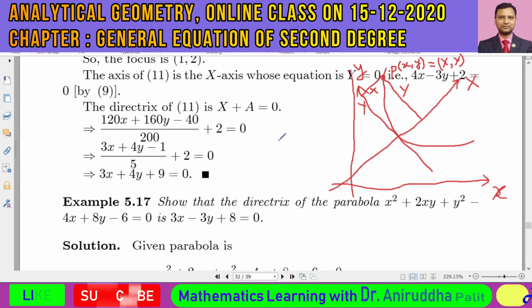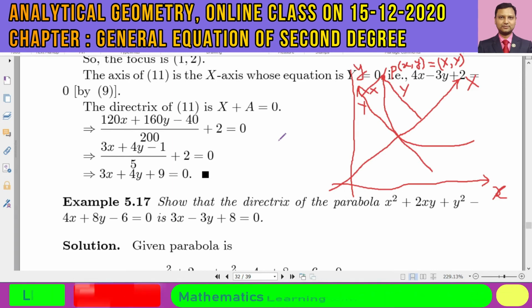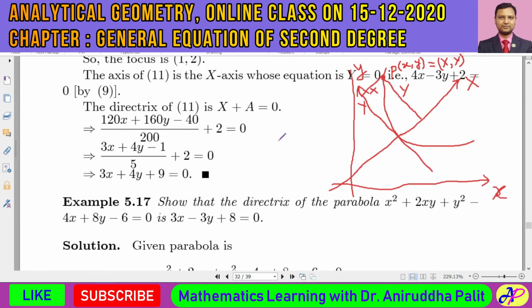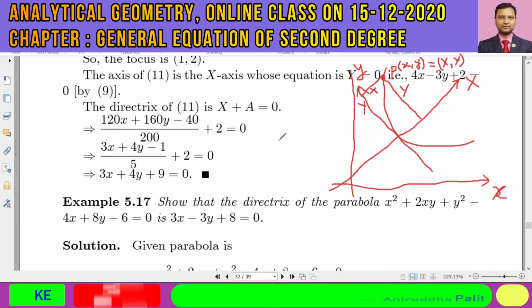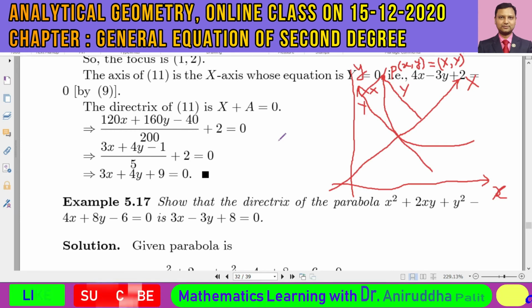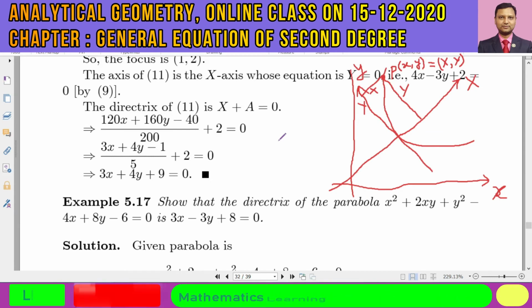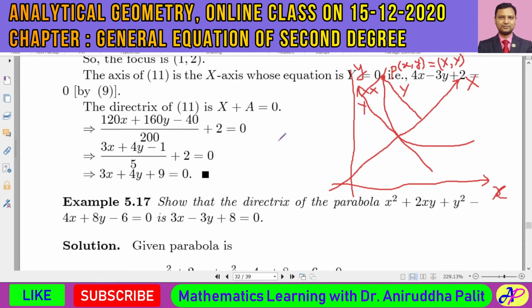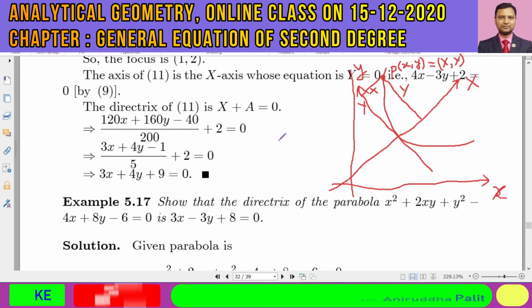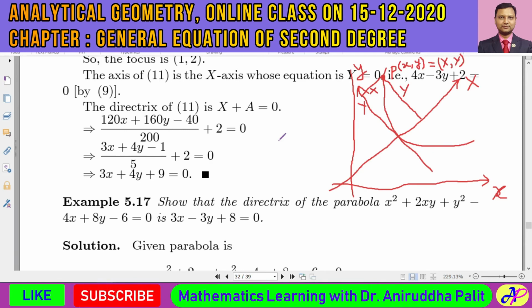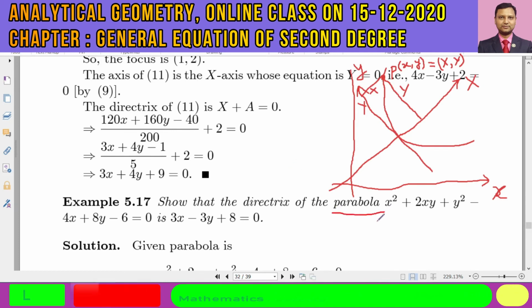In case of central conic, I demonstrated one approach in our previous class. And in case of non-central conic like parabola, the approach is quite different. So firstly, you need to determine and convince yourself what approach we should consider. That's why you need to show the value of delta and D. But in this case, it is already given that it is a parabola.